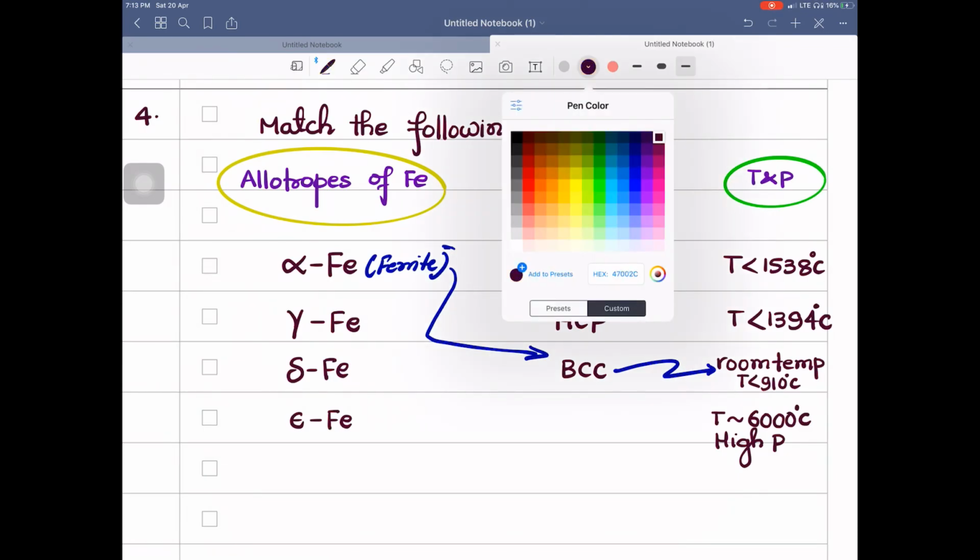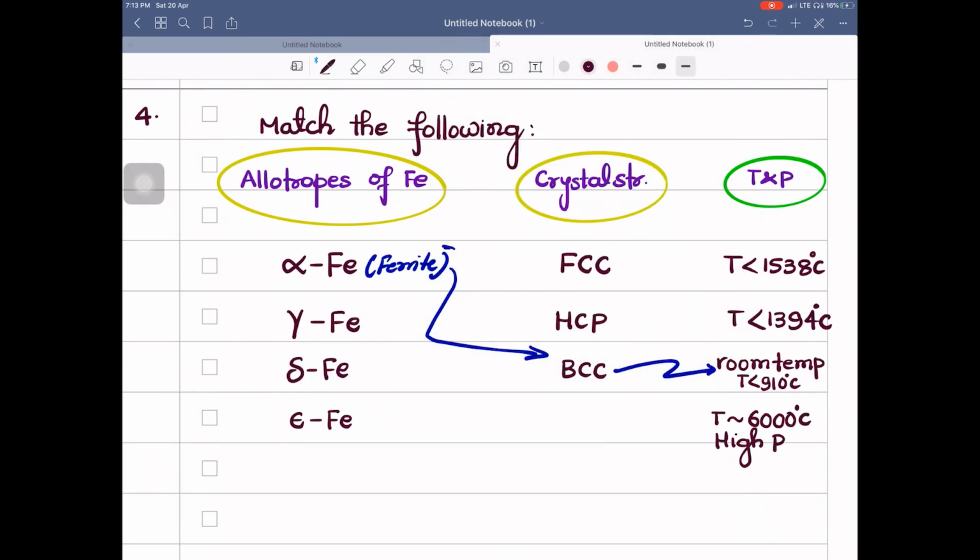Similarly, we have gamma iron. Gamma iron is called austenite, and it has an FCC crystal structure. When you solidify iron, gamma iron starts forming when the temperature goes below 1394 degrees centigrade. So it will match with this one.